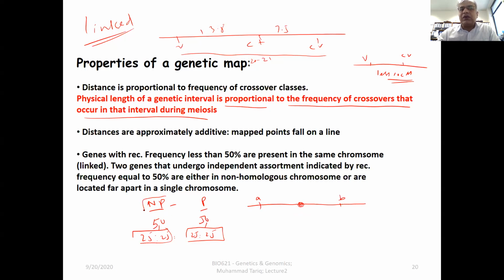Then we will get such 50-50, because the distance is so big, spanning over the centromere, that recombination will show you that they are on independent chromosomes. But once you use another trait, let's say you use A and C, and A and D, B and C, B and D crosses in dihybrid, only then you will realize that A and B are actually on the same chromosome, because C is on the same chromosome, D is on the same chromosome.